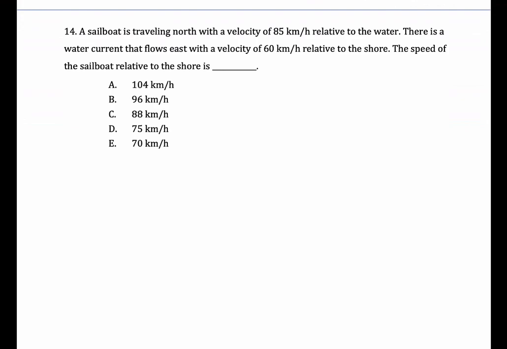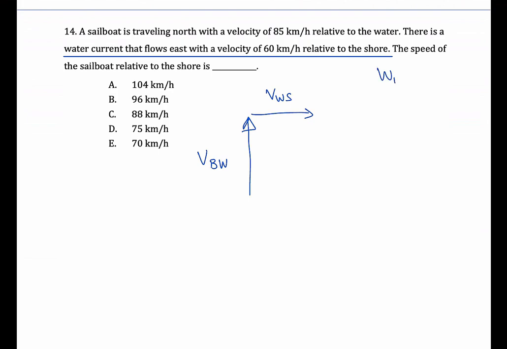Since we have the velocity of the boat relative to the water, which is north, and we also know that the water current flows with a 60 kilometers per hour speed east relative to the shore, so we have the velocity of the water relative to the shore, and what we need to find is the velocity of the boat relative to the shore. According to common sense, this will be the velocity of the boat relative to the shore.